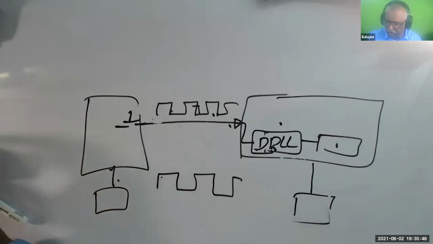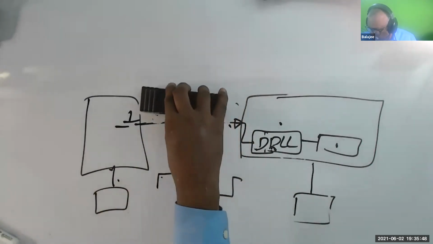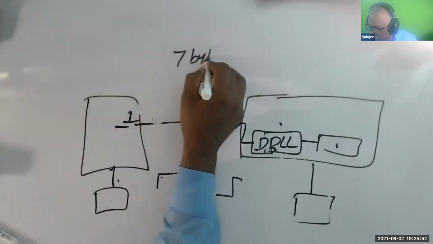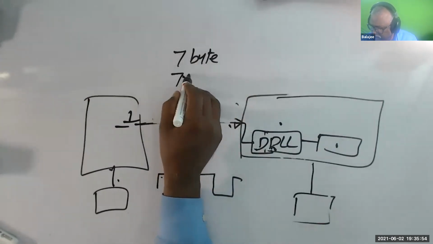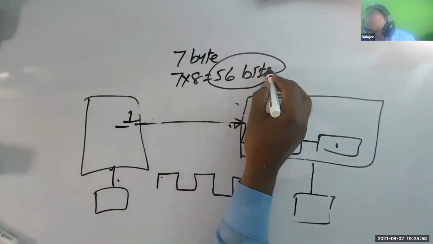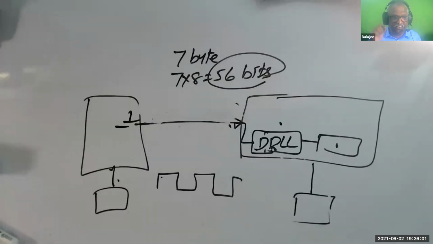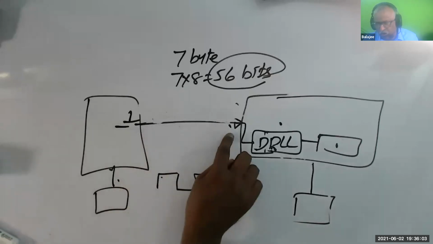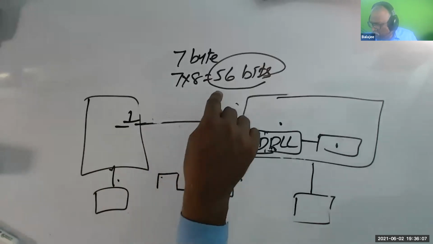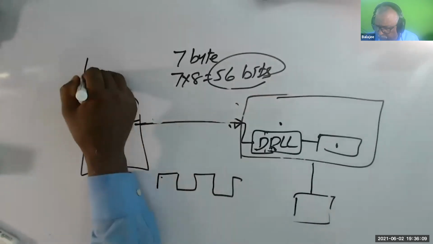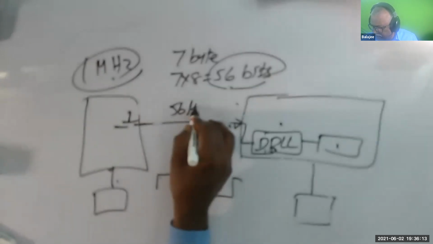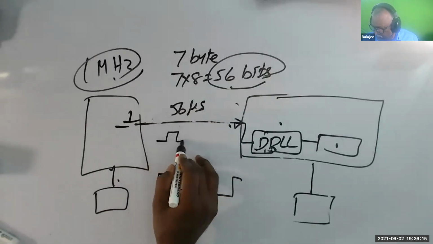Initially they sent 7 bytes, or 7 into 8, 56 bits. They use the data itself. They have only one wire. On the data wire itself, they transmit a clock. That is, if your clock is 1 megahertz, I send 56 microseconds or 56 clocks.